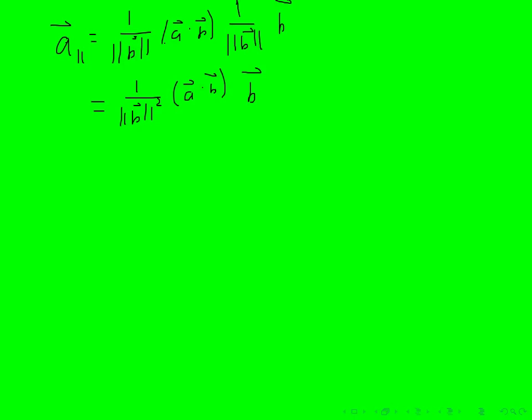Well, I think we saw a little while ago that the magnitude of b squared is the same thing as b dot b. If we didn't see it, it's easy to show. You can ask me if you don't see why this is true. And so there's a nice way to write this. I can write this as the scalar whose numerator is a dot b and whose denominator is b dot b, b dotted with itself. Notice all of that's a scalar, and then I multiply it by the vector b.